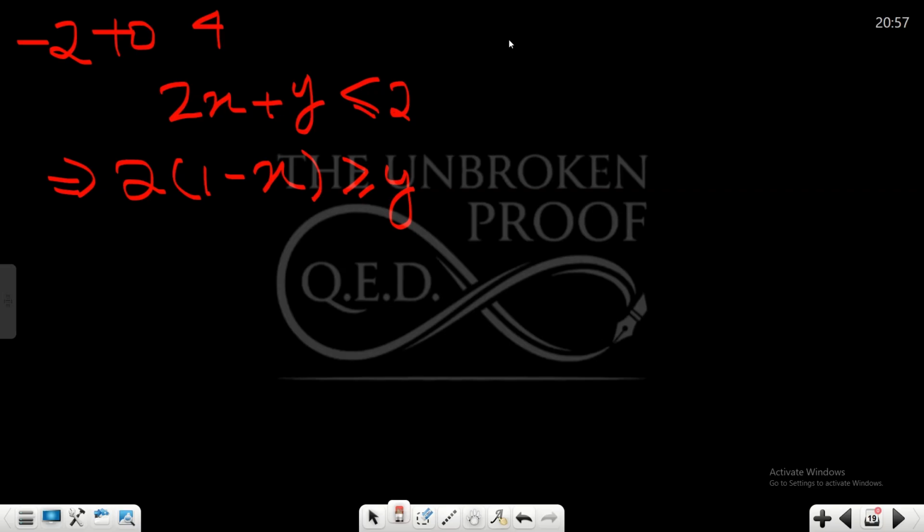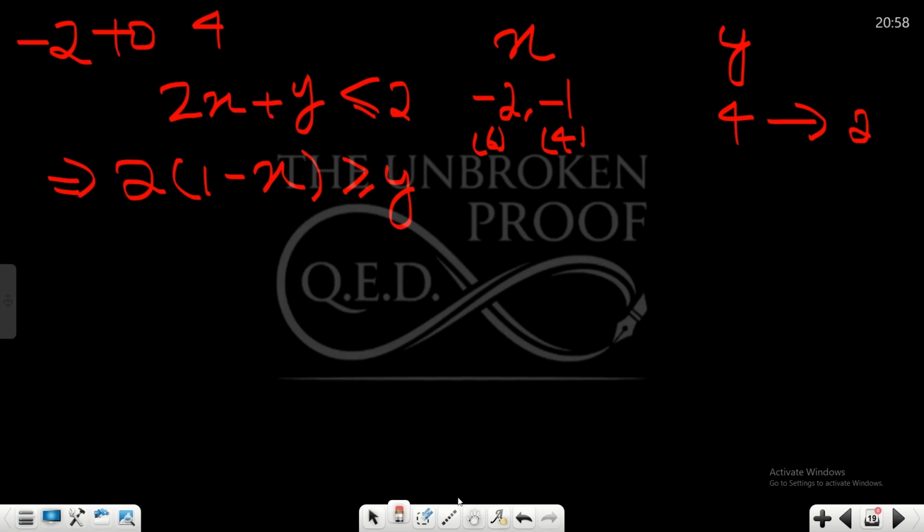Now if I take y as 4, then possible values of x are minus 2 and minus 1, because here you will get 6 and here you will get 4. So the number of elements is 2 from this point.